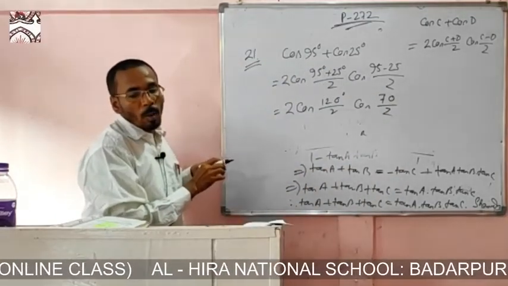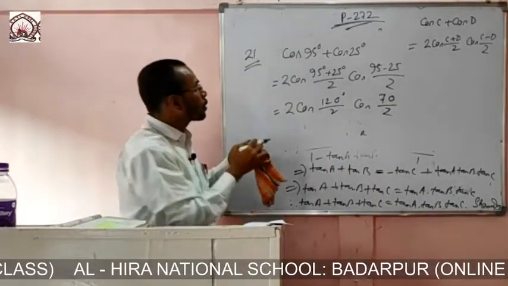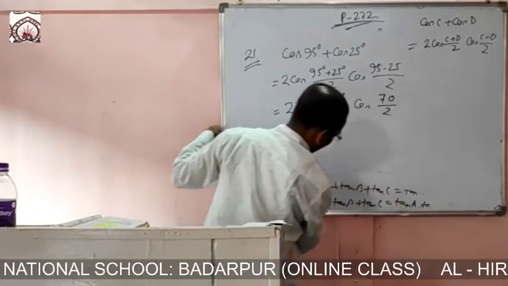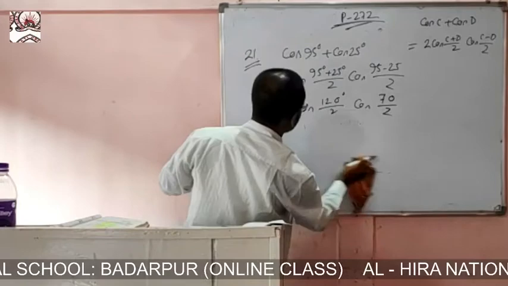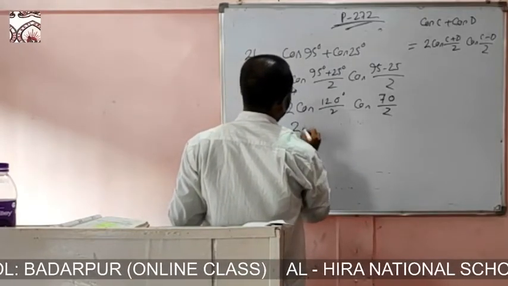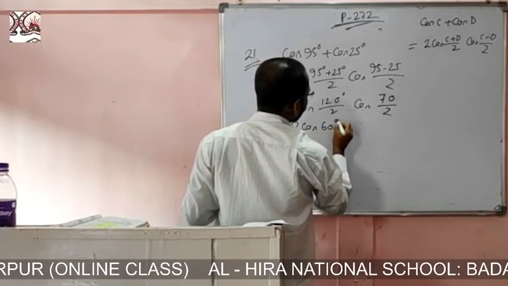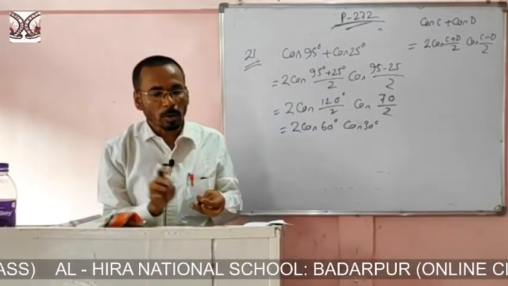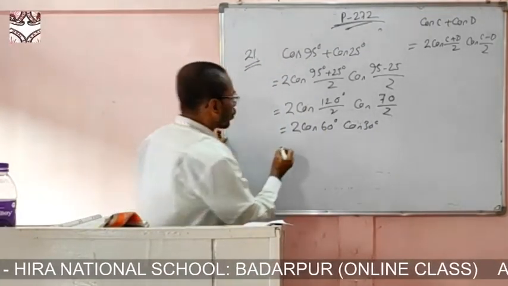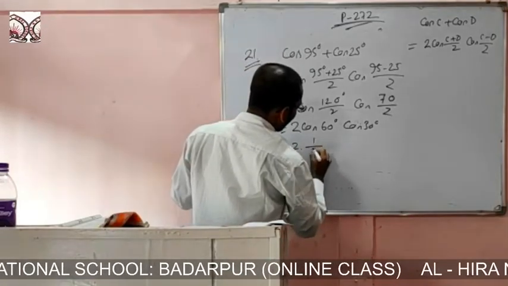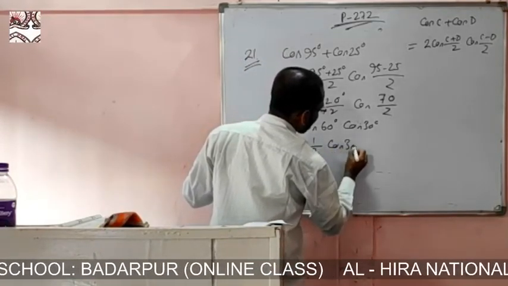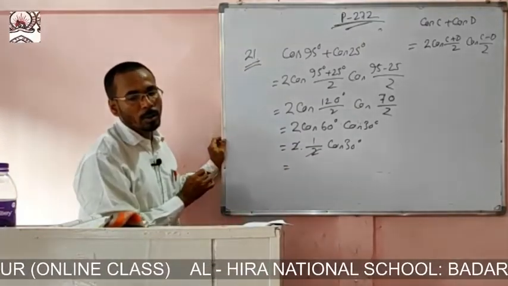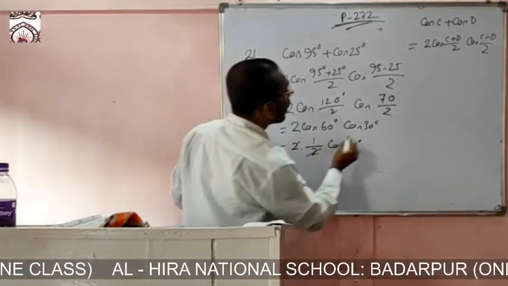So this is twice cos 60 into cos 35. Twice cos 60, and cos 60 value is 1 by 2, so 2 cancels. So this will be cos 35.